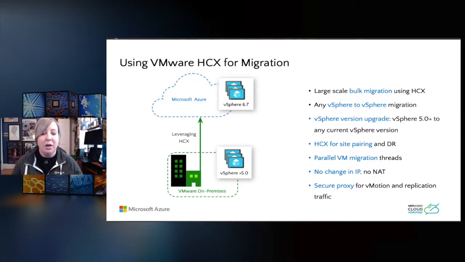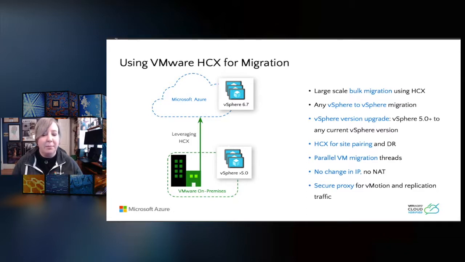So HCX can offer large bulk scale migrations of VMs, which is a really compelling story if your environment contains a lot of VMs or if you're living on an older version of vSphere. HCX also supports any vSphere to vSphere migration pattern, which adds extra functionality, not just a migration path into Azure. It's really the Swiss Army knife of the VMware environments related to migrations.